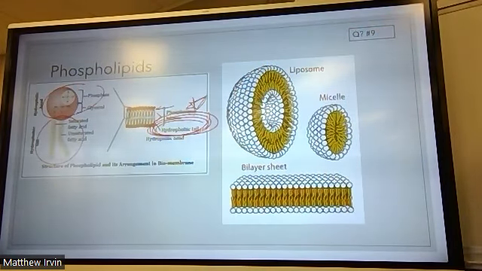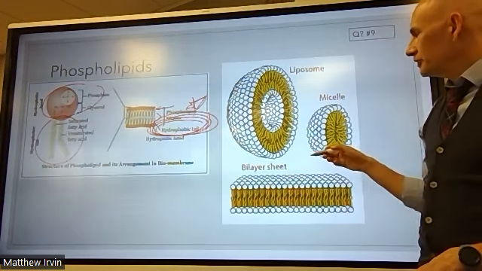That's what creates a separate internal environment which allows the life processes to happen, which are different from the outside. If you didn't have a cell membrane, all your cell parts would just mix with the environment, and you could not have gradients, you could not have specialized processes, and then life could not occur.